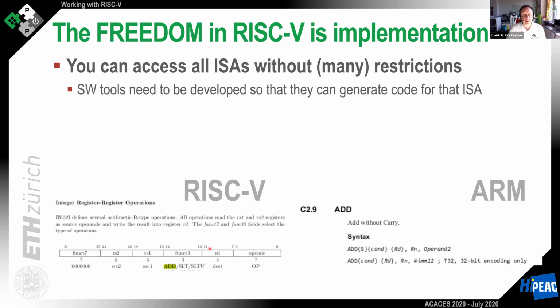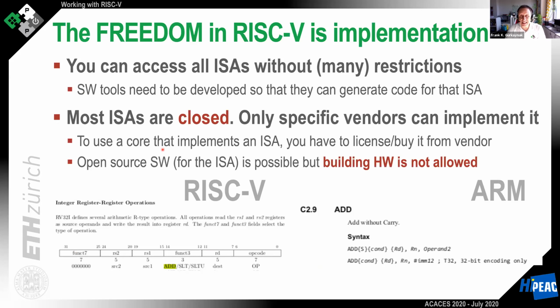You can see the same description that you can see for RISC-V, also for ARM, Intel, and all other major architectures. But those ISAs are closed. Only specific vendors can implement them. So if you want to build a core and sell a core that implements this ISA, you have to license it or buy it from the vendor.